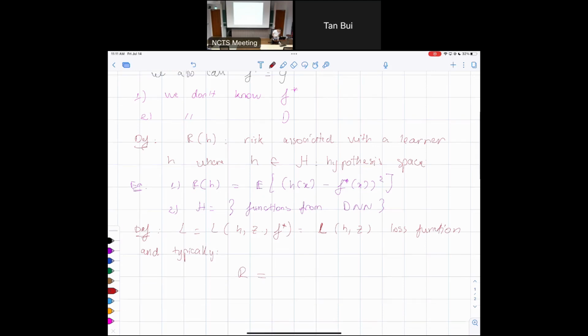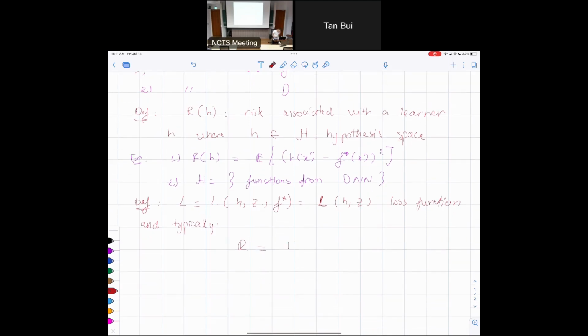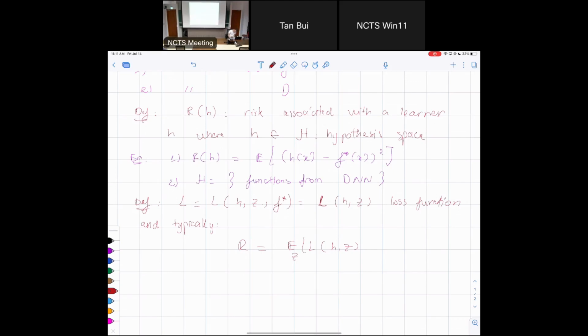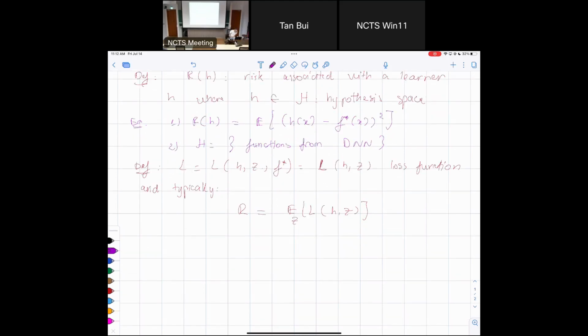The risk is equal to the expectation over z of the loss function L(h, z). So basically the expected loss. Let me give you an example so that you know what a loss function is.